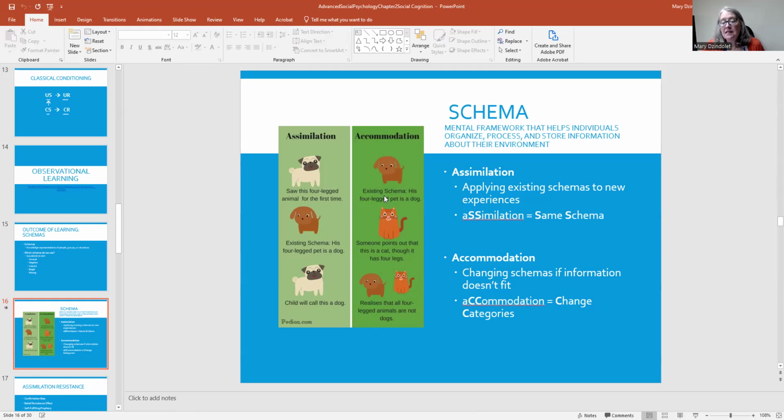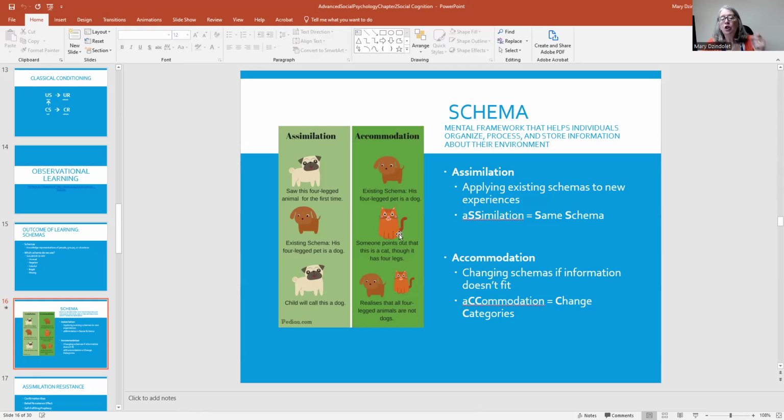So my existing schema is his four-legged pet is a dog, sorry. But then someone tells you this four-legged pet is actually a cat. So four-legged pets are not always dogs.